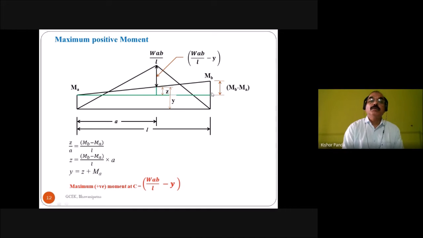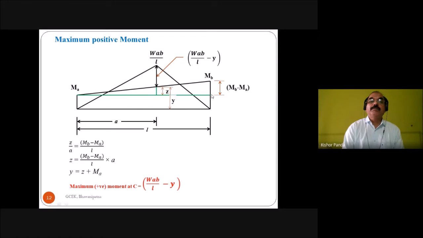So you have to take two similar triangles. This is one large triangle, this is one small triangle. So this side by this side is equal to this side by this side.